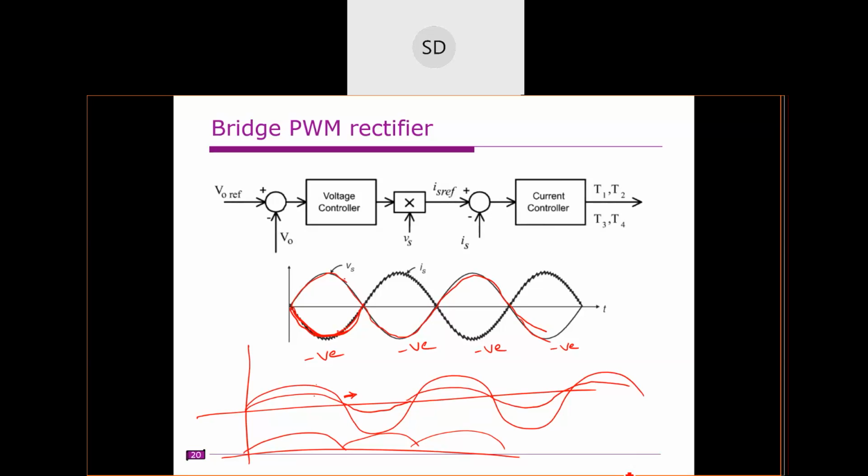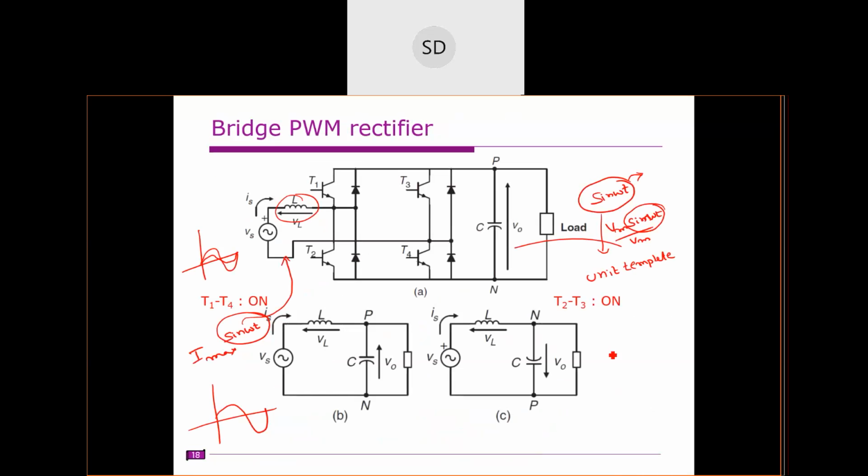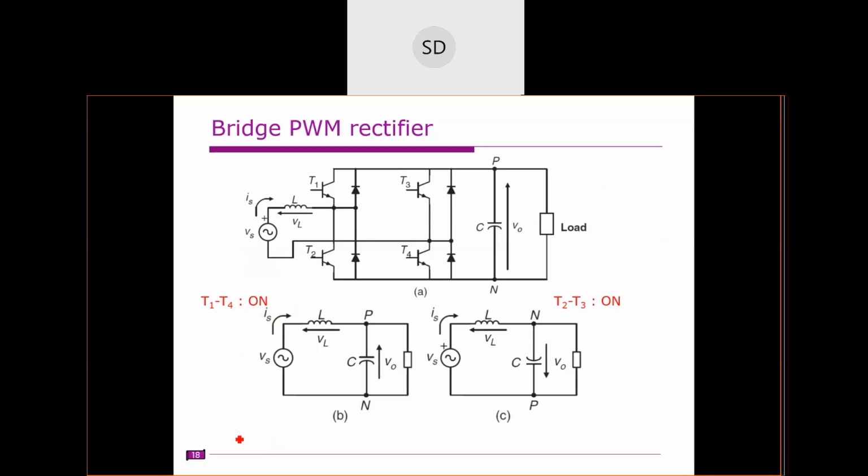So with the PWM bridge rectifier, it is regenerative type. So now the point is how to make it regenerative. When will it actually regenerate? If you want regeneration, the load must be an active load, right?